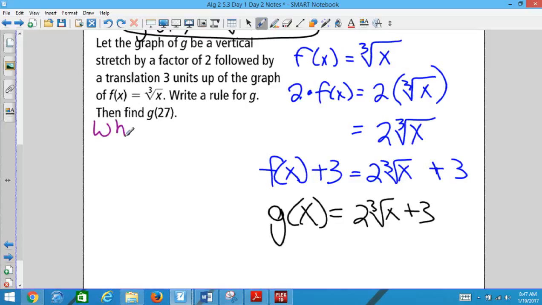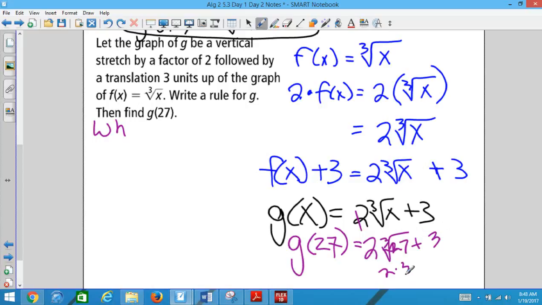Oh, I forgot to find g of 27. Let me go back. What's g of 27? You can work ahead. 2 cube root 27 plus 3. So 2 times 3 plus 3 is 9. Sorry, I forgot to go over that.